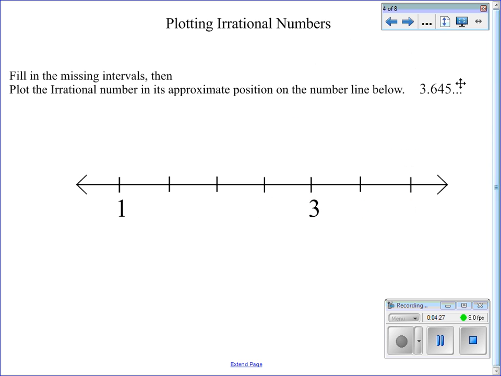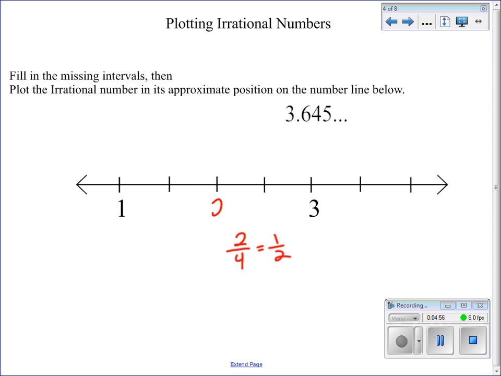Here's another example. This time, instead of getting a square root, we get a decimal that goes on forever. First thing I'm going to do, though, is fill in my values. I notice that there's 1, 2, 3, 4 intervals in between 1 and 3. So if I take 3 minus 1 to find the difference there, I know this big jump is plus 2, but I've got to divide that by 4, and that's going to give us intervals of 1/2.